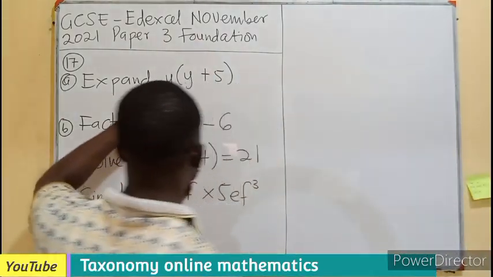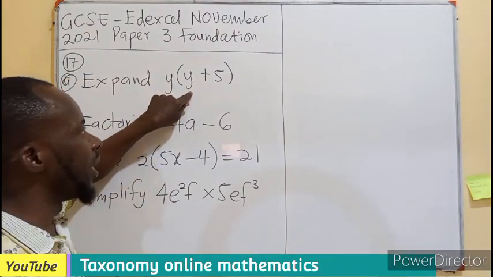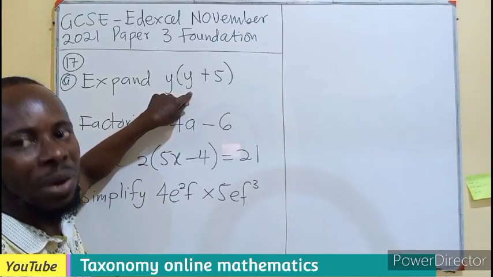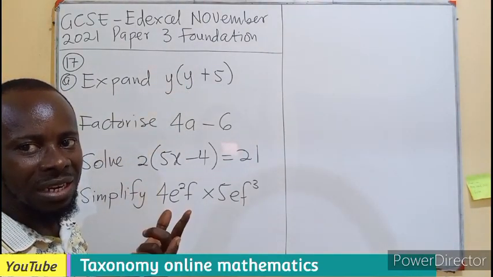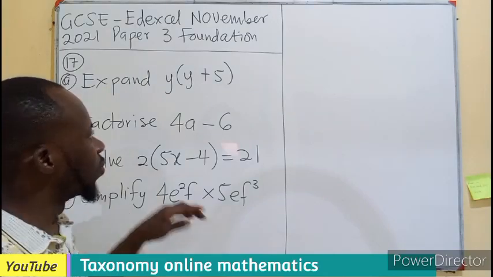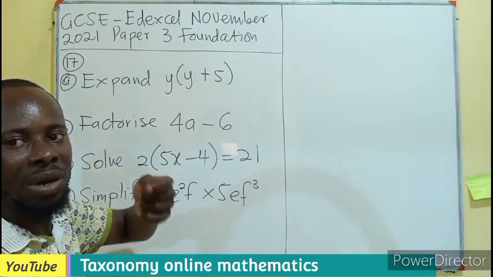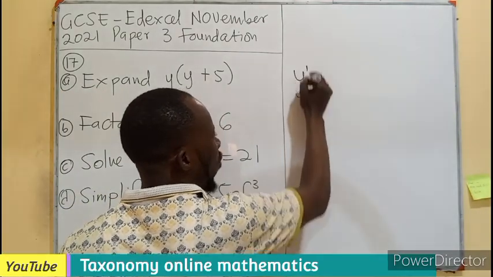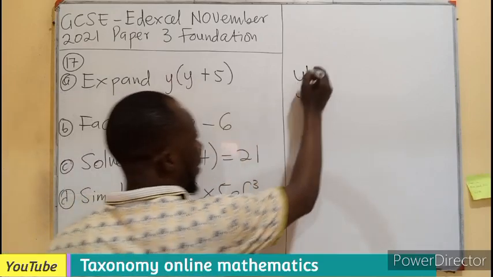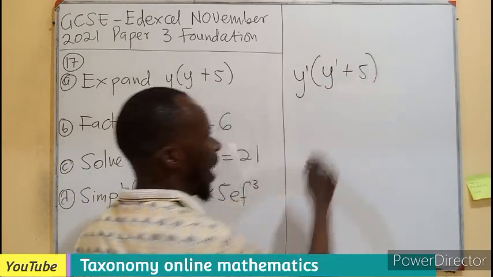So if we are multiplying variables of the same kind, we take into consideration their powers. We know y exponent 1 is the same as y. Even though we don't write any exponent here, it also means there is an exponent of 1. Meaning y exponent 1 is multiplying y exponent 1 plus 5.